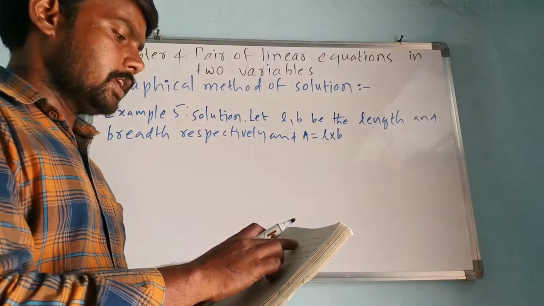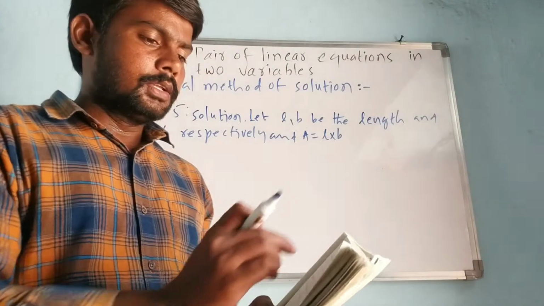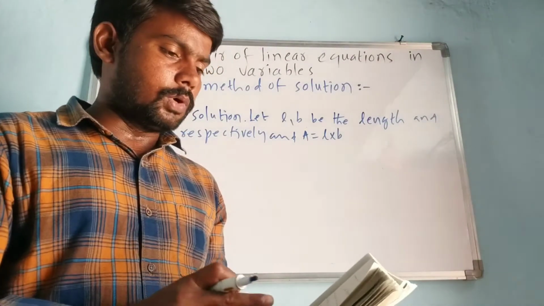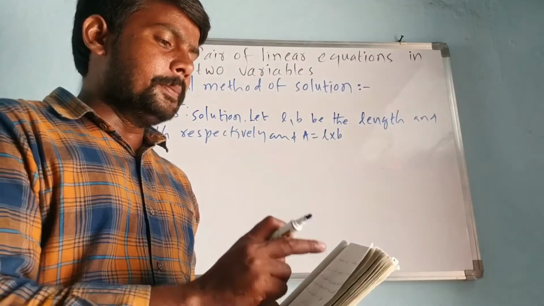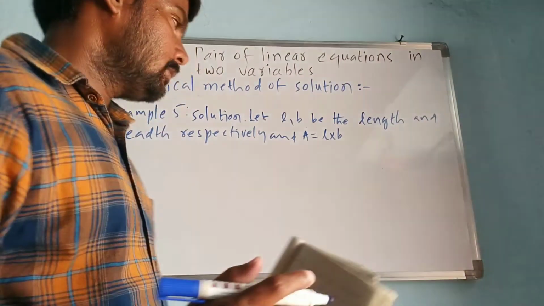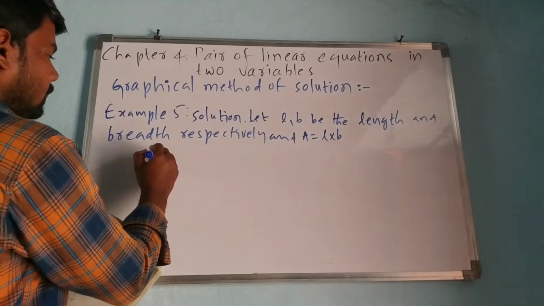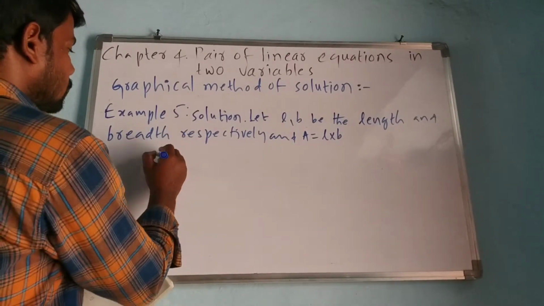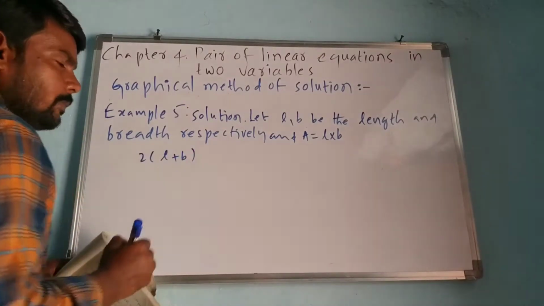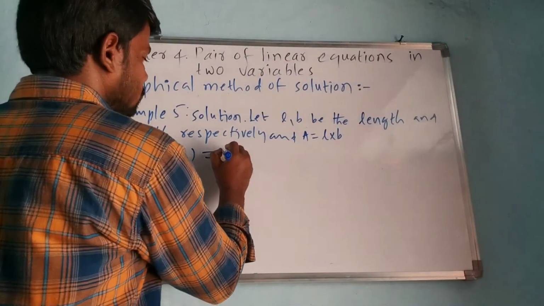What is the first given here? From the problem we can understand that two situations are given. The first situation is the perimeter of a rectangular plot is 32 meters. As we know, perimeter is 32 meters, so 2 into (L plus B), that is 2 of L plus B, is 32 meters.